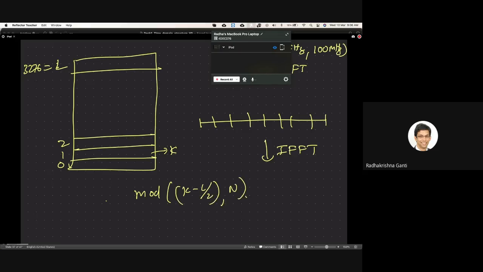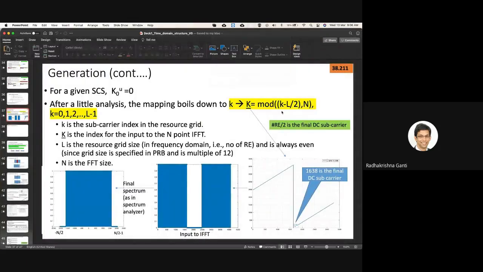That's what I was showing here. This output I call k dash, the index here. So for example, the 1638 element maps to the 0th here. 1638 maps here, 1639 maps here, this will get mapped here.